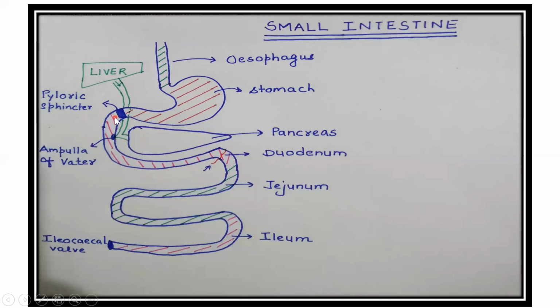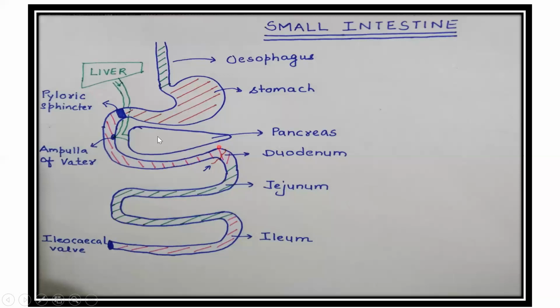The C-shaped structure is further divided into four parts. We have the superior part, then we have the descending part, followed by the horizontal part, and lastly, the ascending part.